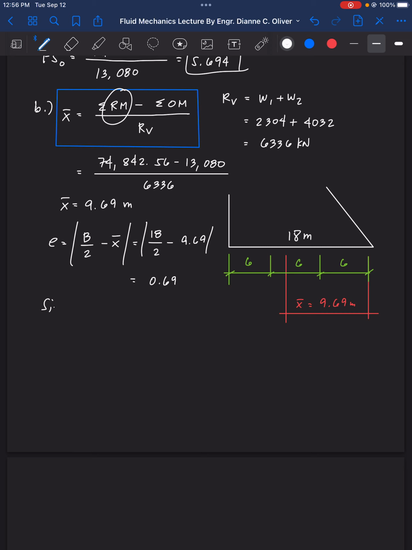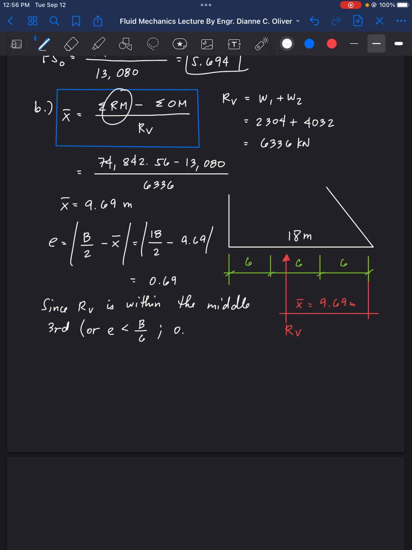Since this RV is within the middle third, E is less than B over 6.